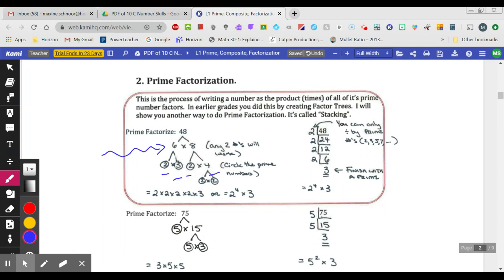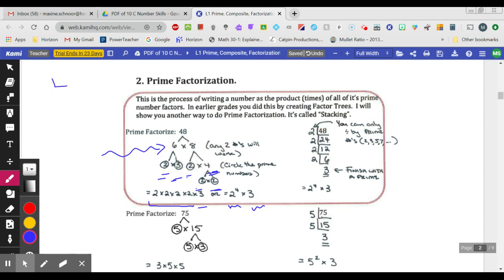My habit is that when I find a prime number, so 2 and 3 are both prime, I circle them so they stick out. 4 was not prime, so I break it down into 2 times 2. Once I've got everything broken down, I've got 2 times 3 times 2 times 2 times 2. Usually we group them together, so I end up with 4 2s and 1 3.